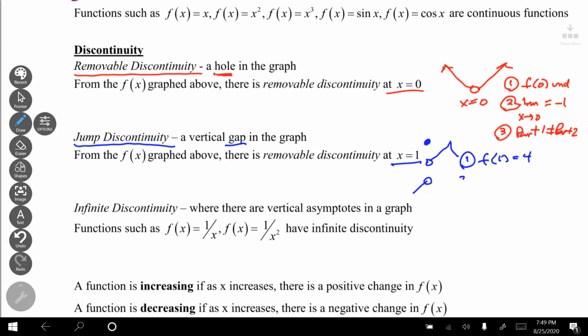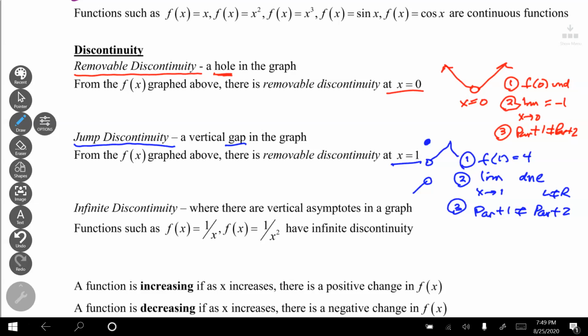That's good. Step 2, the limit as x goes to 1. That was DNE because the left side did not equal the right side. So obviously step 3, part 1 does not equal part 2. So at x equals 1, the graph is not continuous.